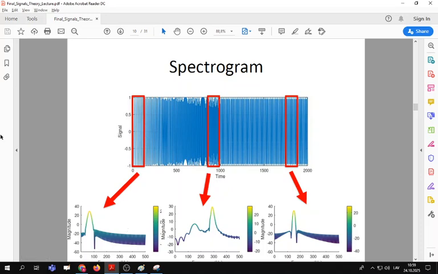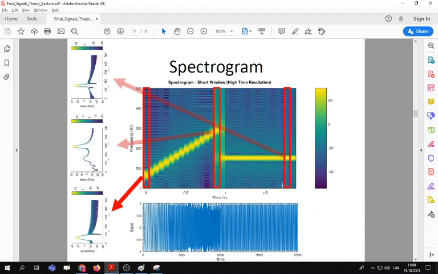So what happens now is we split this signal into fragments, overlap them, go through the entire signal, and calculate, say, 1,000 or 2,000 of those segments and their spectrums, and put them into one picture to get the spectrogram. So what you can see in this spectrogram is those spectrums that we discussed.